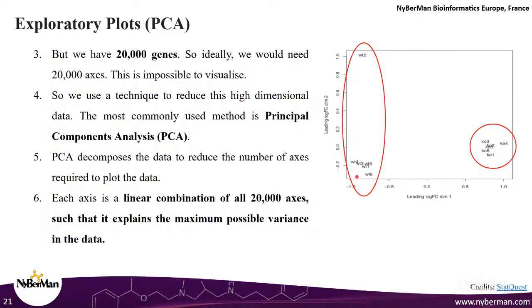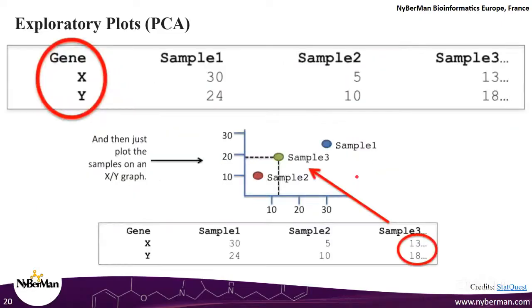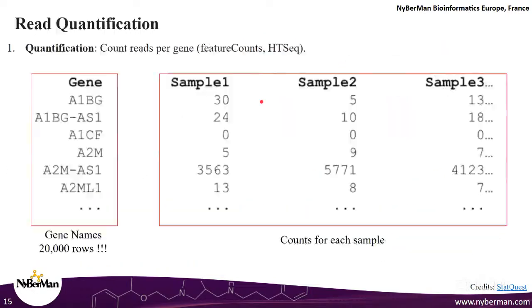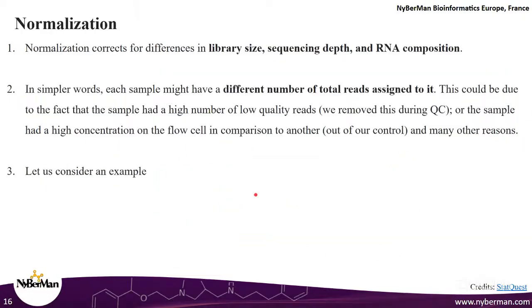Remember, this plot is built on the normalized data, of course, not the raw data. This plot is basically built on this table, and this table had all the information with respect to the gene expression.